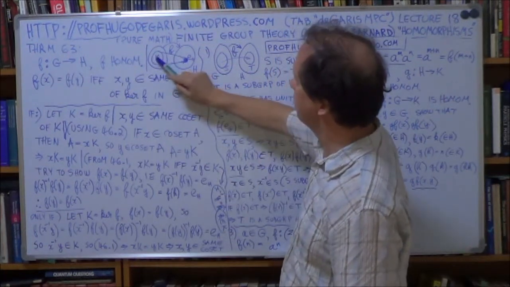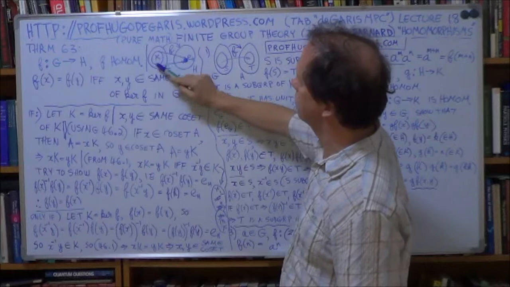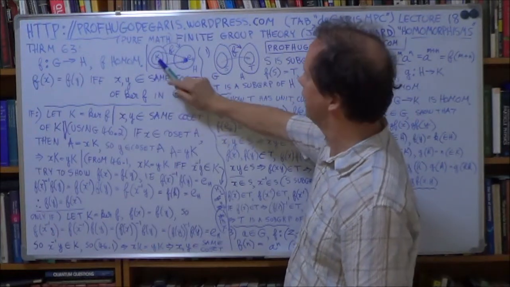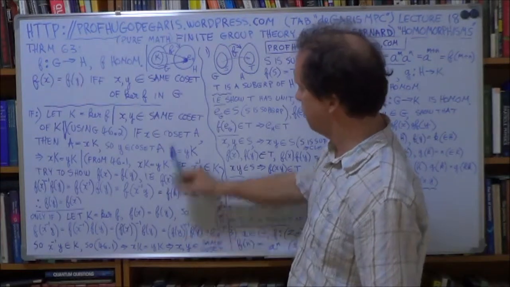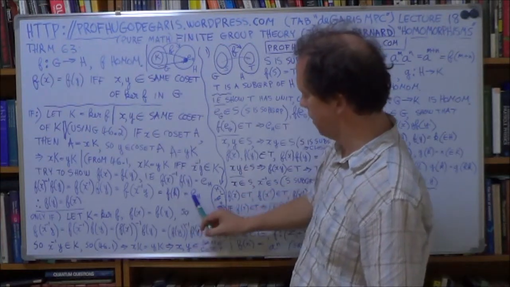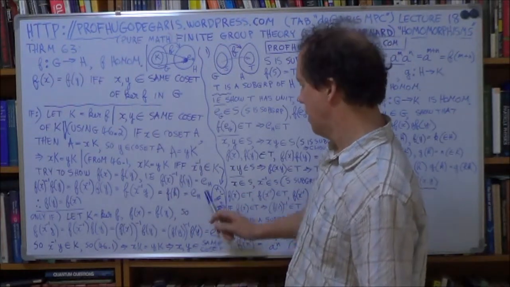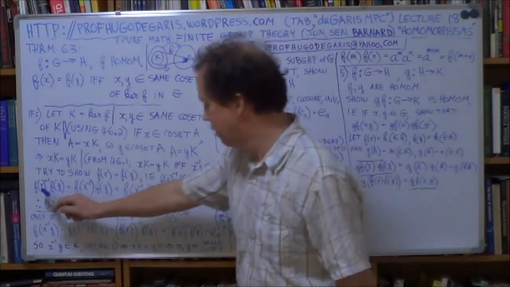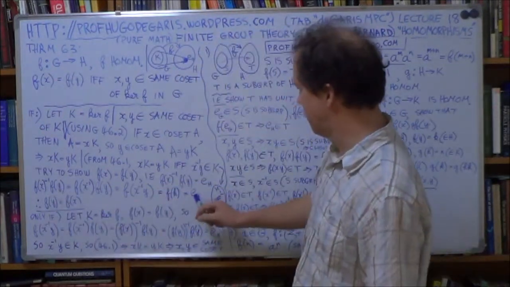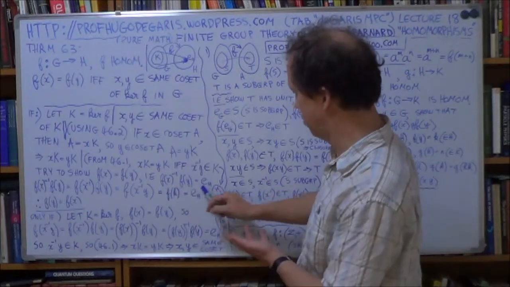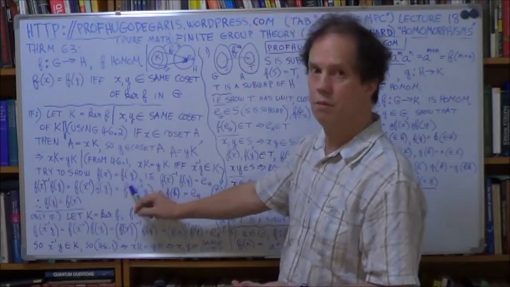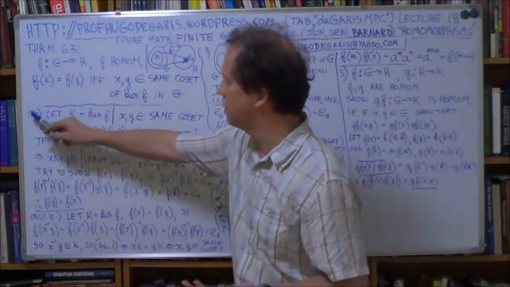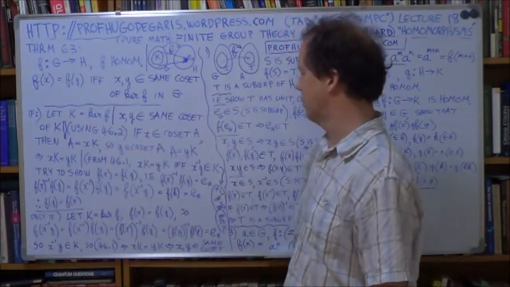So f of some member of the kernel, little k, will map to e of h. And there we've got it. So this equals this, which is what's said here. And we've proved it, at least for the if part, going from right to left.